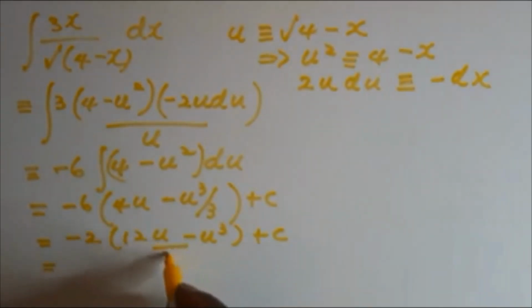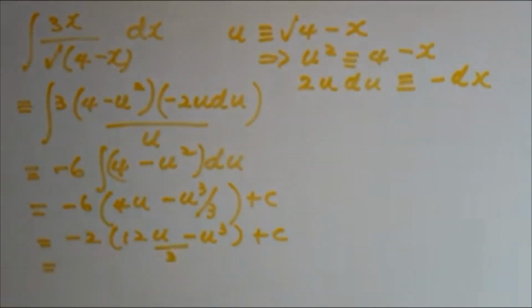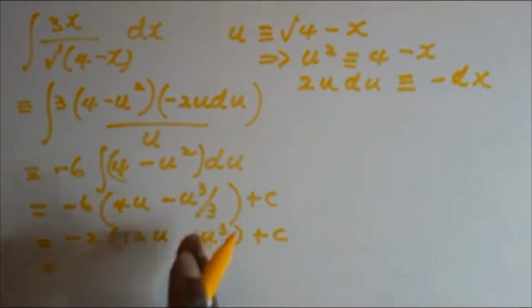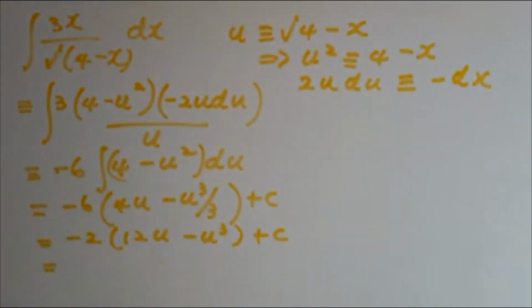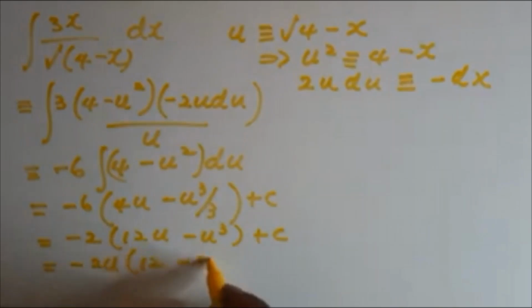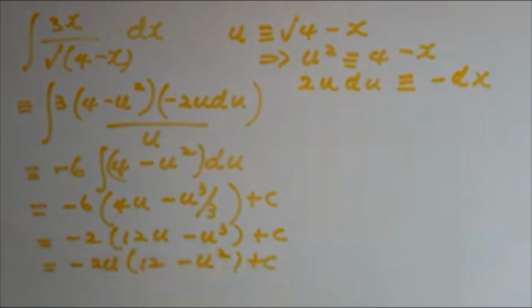At this stage we do have 3 in the denominator here, and it was cancelled. There's a negative 6 to give you negative 2. Here we go ahead to write minus, again we factorize minus 2u from this expression here. 2u, we have 12 minus u squared add c.